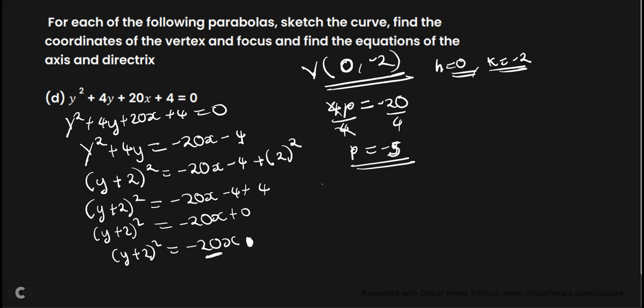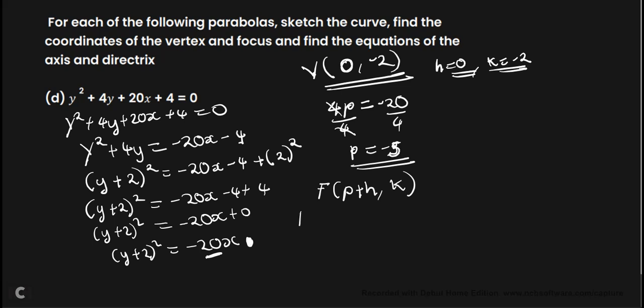Let's find what we call the focus. The focus will be in the x-axis direction. Why? x is not squared, but y is squared. So that is p plus h, comma k.